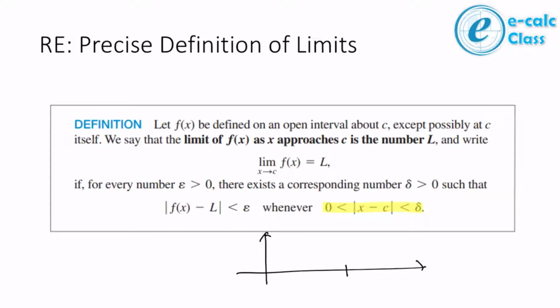I approach from the left, then I approach from the right, and from here to here it should be a delta, from here to here it is also a delta. So your x this time is within this interval from c minus delta, I think I missed out c here, to c plus delta.